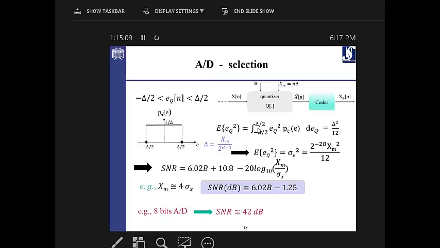Because even considering that all the processing of the signal, the entire circuit and everything, is done perfectly, just because of quantization, the upper bound of the SNR is limited to 42 dB. And definitely you will have a lot of errors inside the processes that will decrease the SNR from 42 to whatever possible.